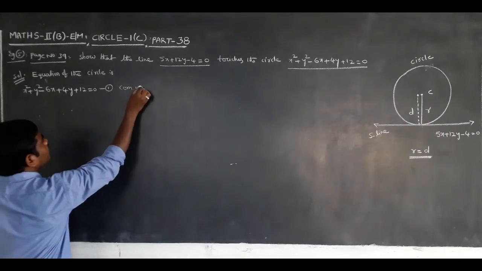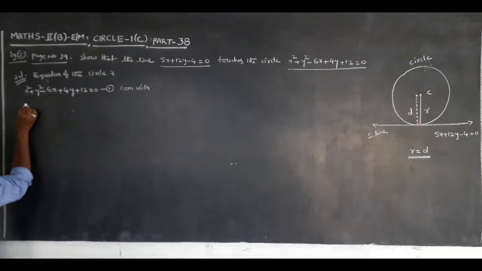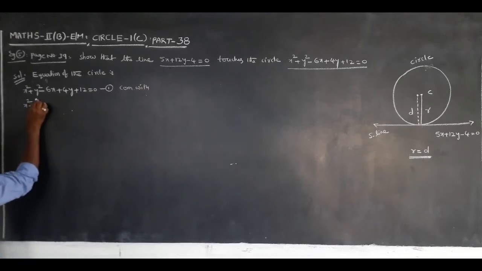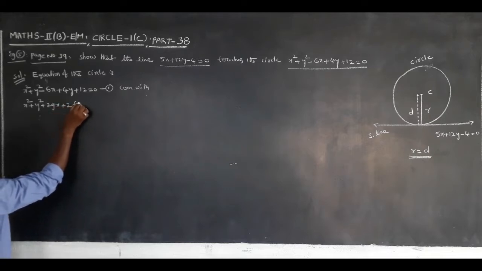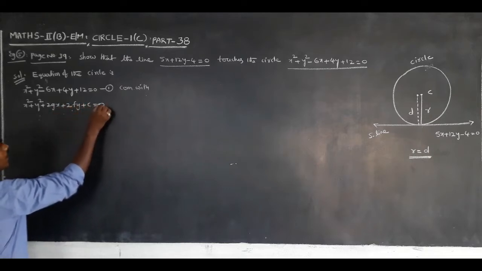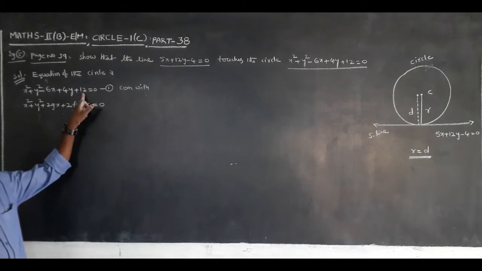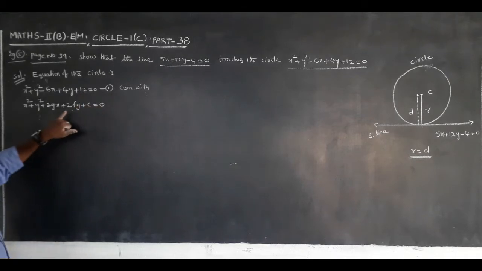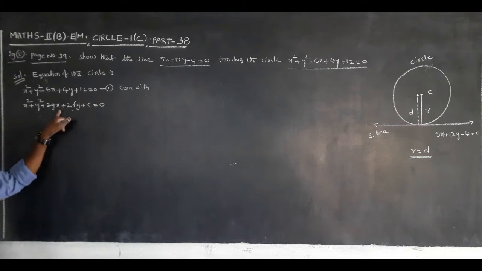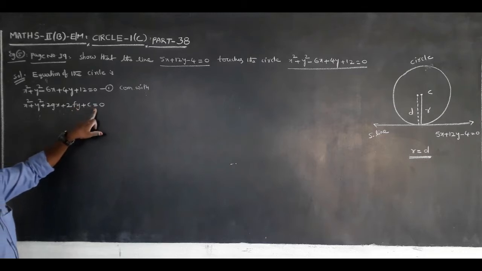Comparing with the general equation x² + y² + 2gx + 2fy + c = 0, we find the values of g, f and c.